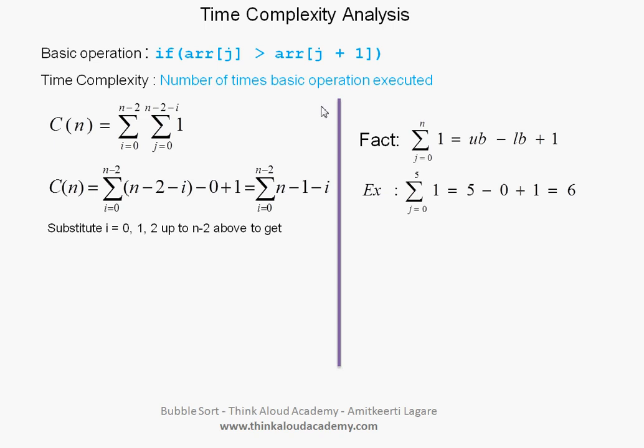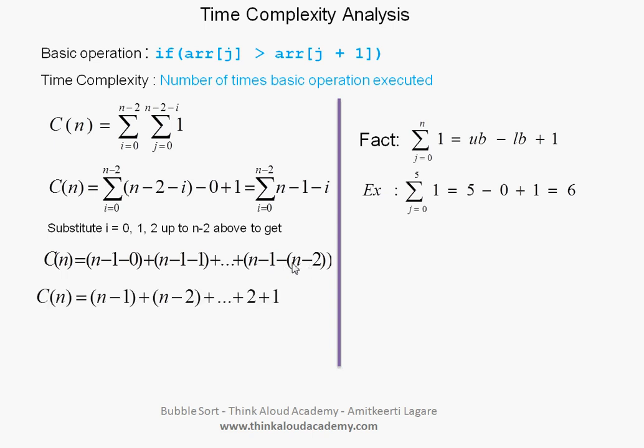Now if I substitute i is equal to 0, 1, 2 in the above equation up to n minus 2, I would get this. I am substituting i is equal to 0 here, so I would get n minus 1 minus 0. Then I would substitute i equal to 1 here, so I would get n minus 1 minus 1, and so on. And finally when I substitute n minus 2 here, I would get n minus 1 minus (n minus 2).